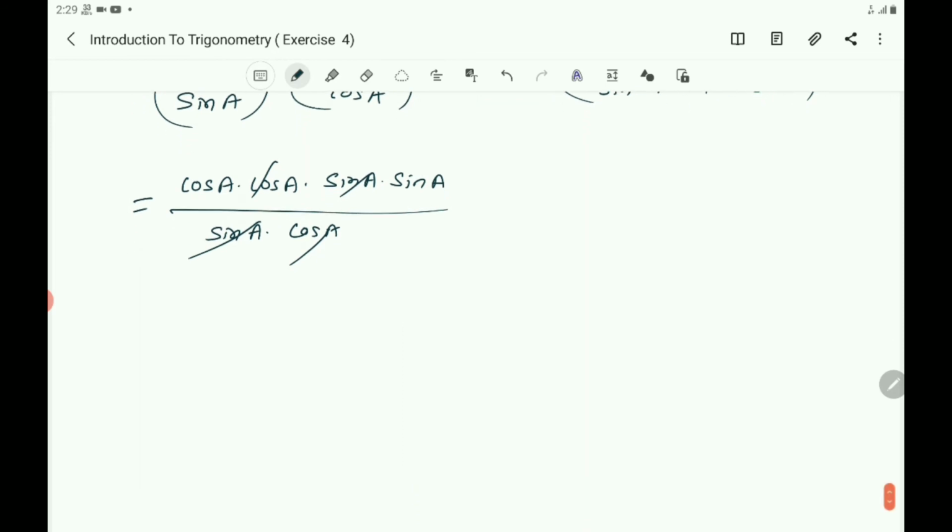Then you will get here sin A cos A. You get what? Cos A sin A, right?